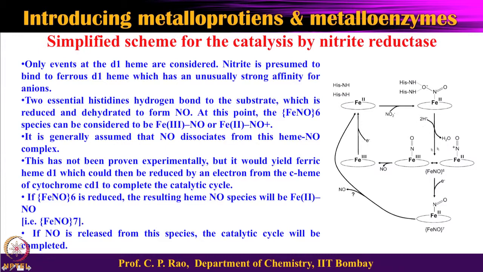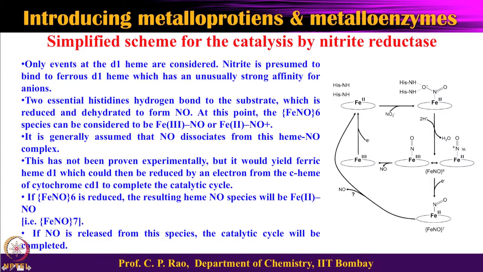So, at this stage the species is referred to as the FeNO6, which could be either in this form or in this form. If it is in this form, the dissociation has to occur, and the dissociation process has not been proven, but the reduction of this is required.